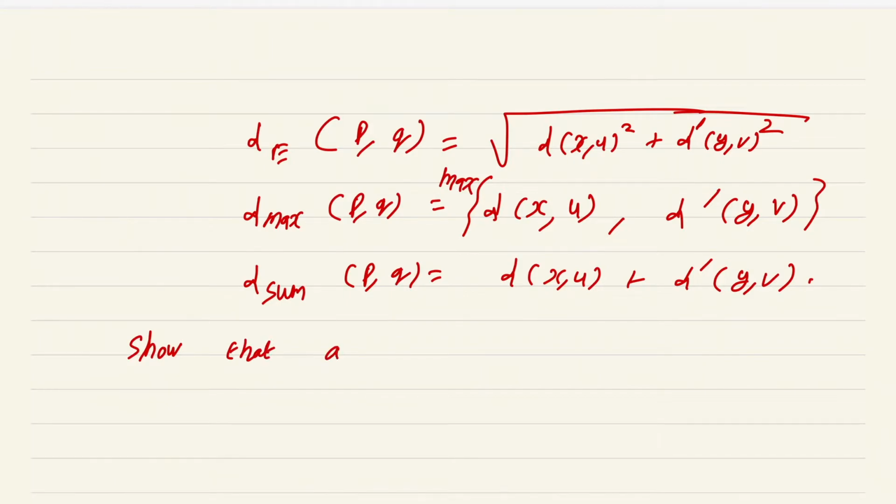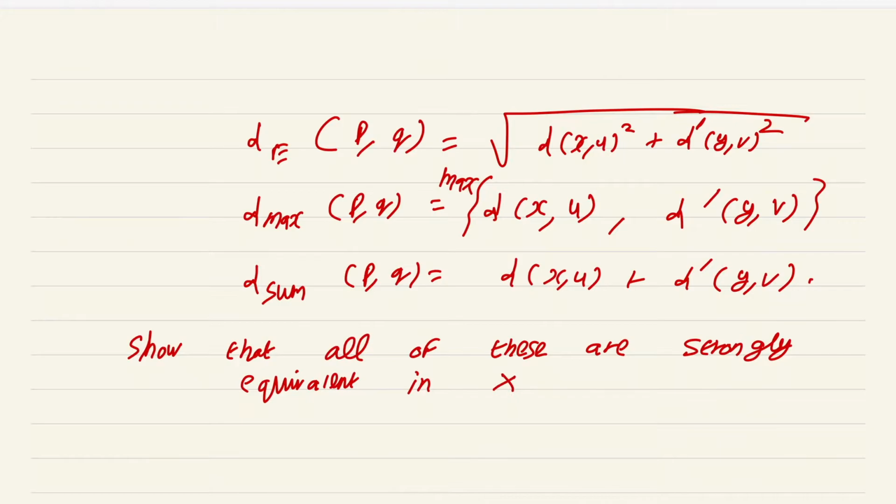Show that all of these are strongly equivalent in X cross Y. So given two metric spaces (X, d) and (Y, d prime), here are three natural ways to make the product into a metric space.